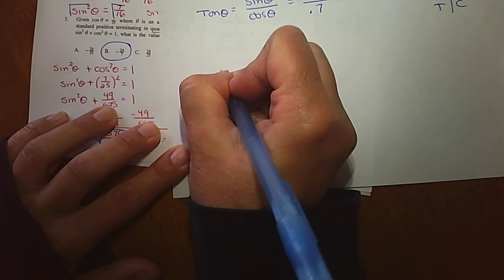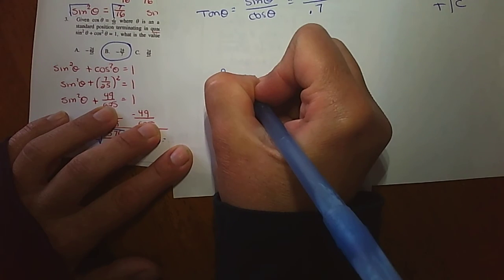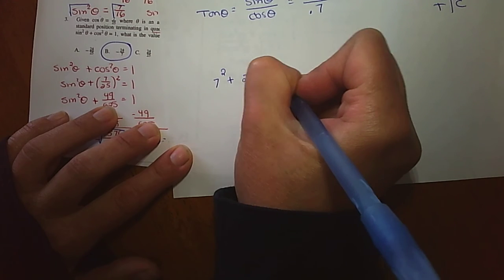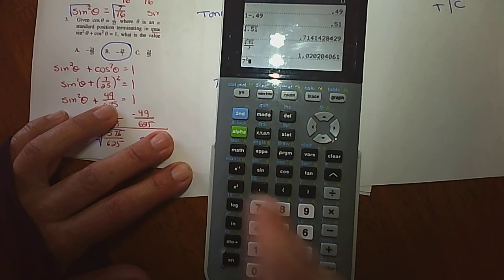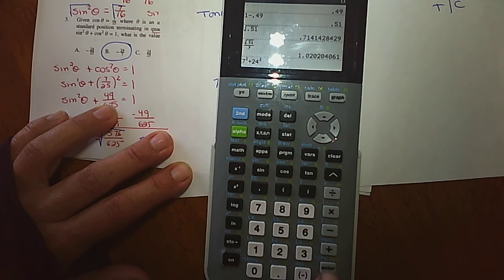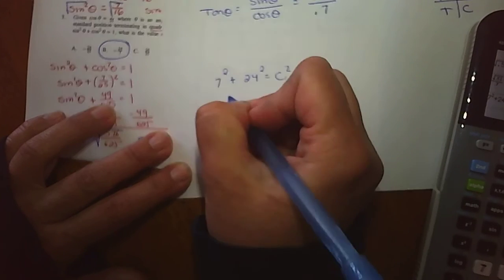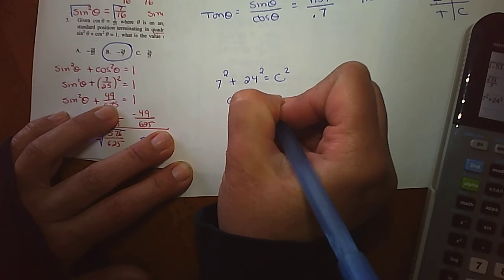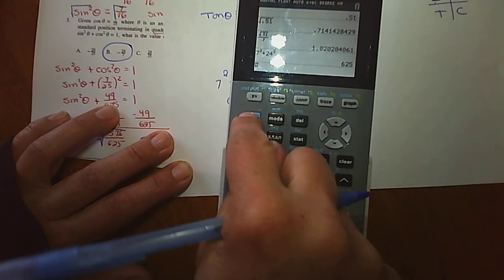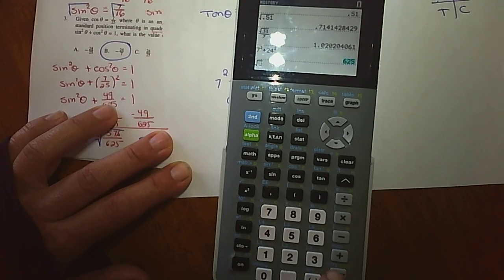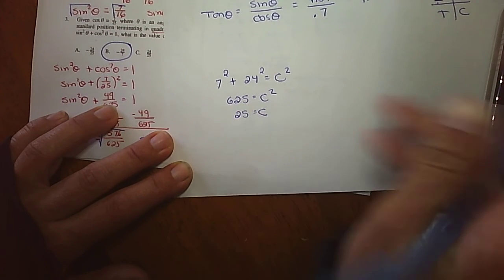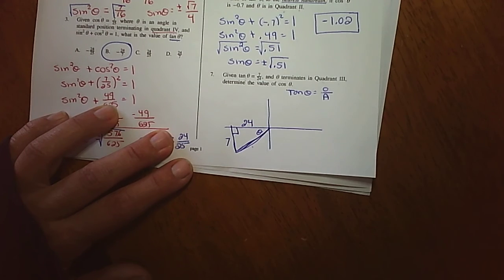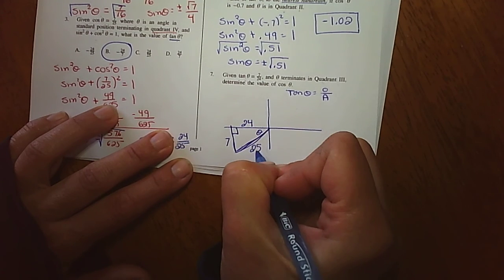So I'm going to do 7 squared plus 24 squared equals c squared. So let's do that. 7 squared plus 24 squared makes 625. Then I'm going to take the square root of 625, which is 25. So 25 equals c. So that means this missing side right here is 25.